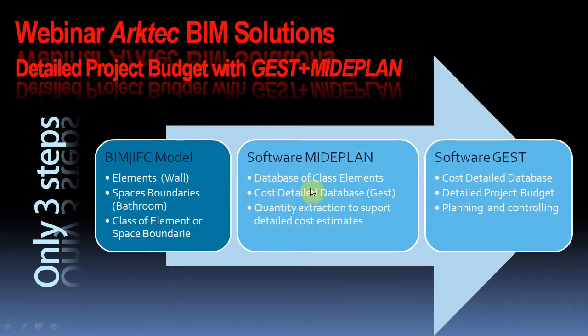The code is read by the software Midplane. That code is programmed to collect from the BIM model some measurements and associate them to several items of our budget, including in different chapters, and with the database resources we start then to create our detailed budget. So 3 steps, it's very productive.